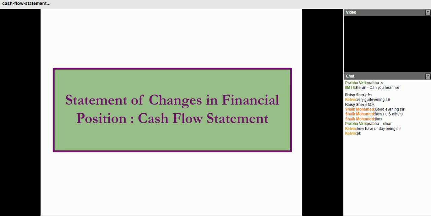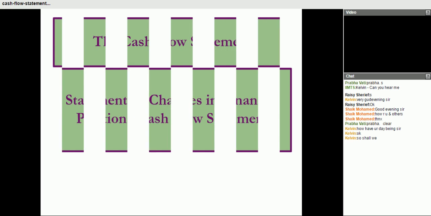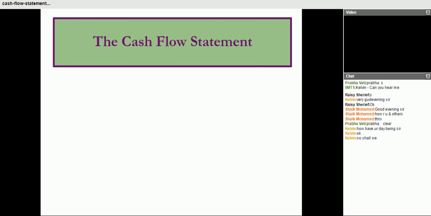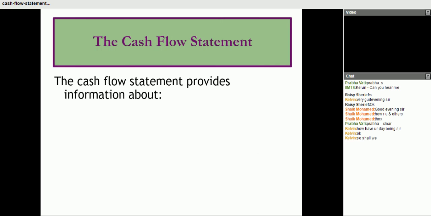Okay, let's start. So, cash flow statement. Statement of changes in financial position, which is also known as cash flow. The cash flow statement provides us the information about cash receipts or the cash inflows.